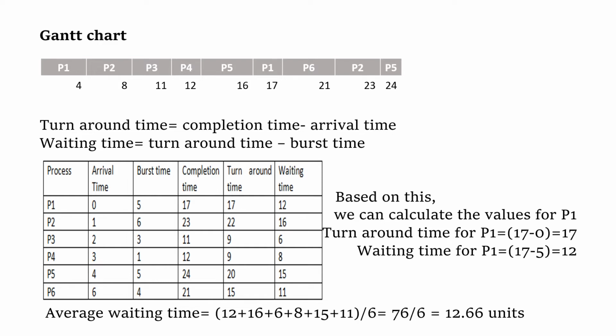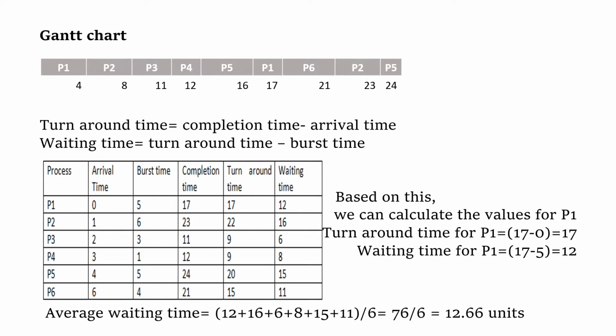And P5 has 5, so first it will execute for only 4, partially completing, at 16. And then P1 has the remaining one, so P1 will completely finish its execution at the 17th millisecond.